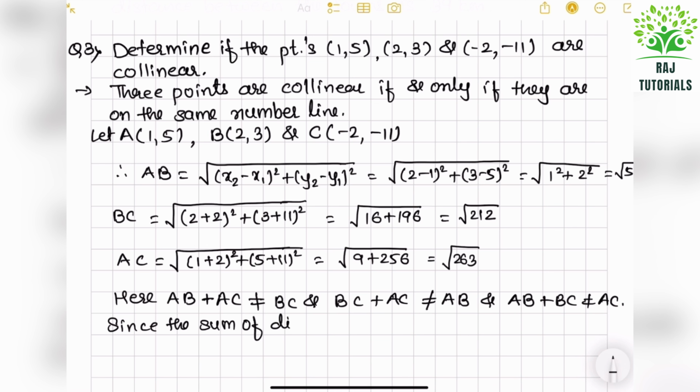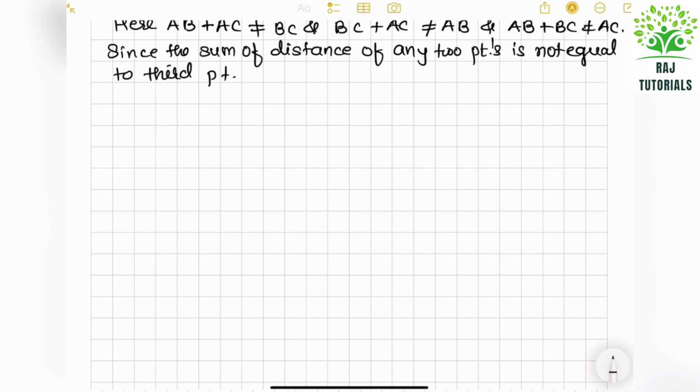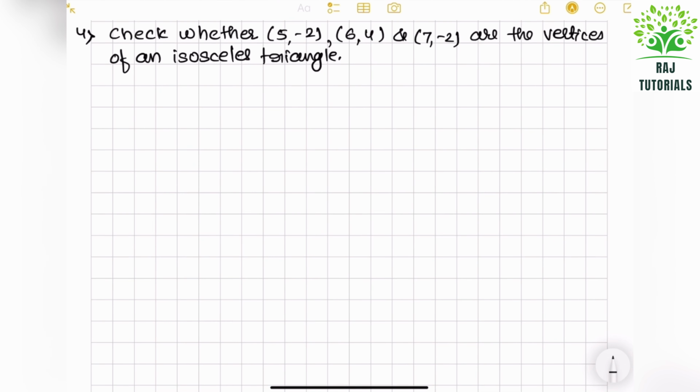Since the sum of the distances of any 2 points is not equal to the third, I can say therefore the points (1, 5), (2, 3) and (-2, -11) are not collinear.